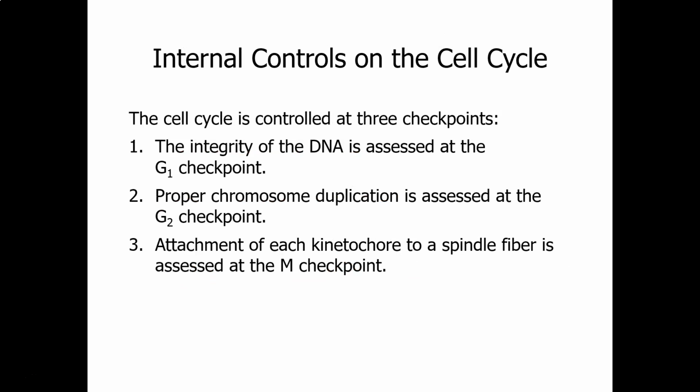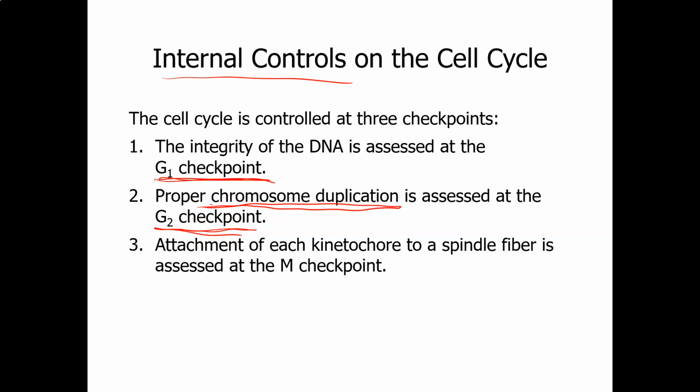Those are external things. Now there are internal controls as well, like chemicals. The cell cycle is controlled at 3 checkpoints. There's a G1 checkpoint that checks the integrity of the DNA. There is a G2 checkpoint that checks whether or not the DNA replicated properly, proper chromosome duplication.